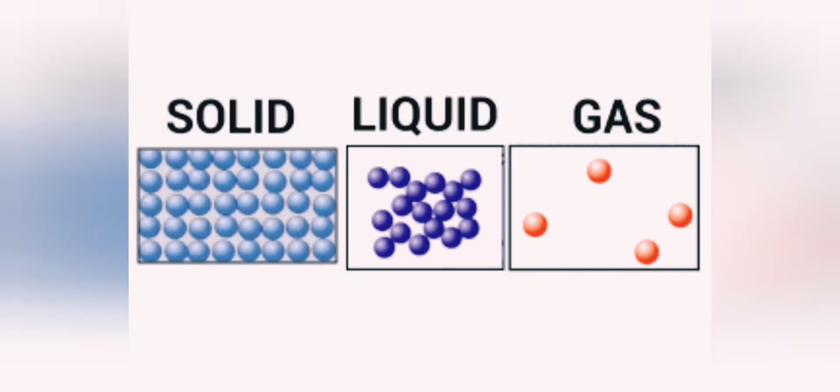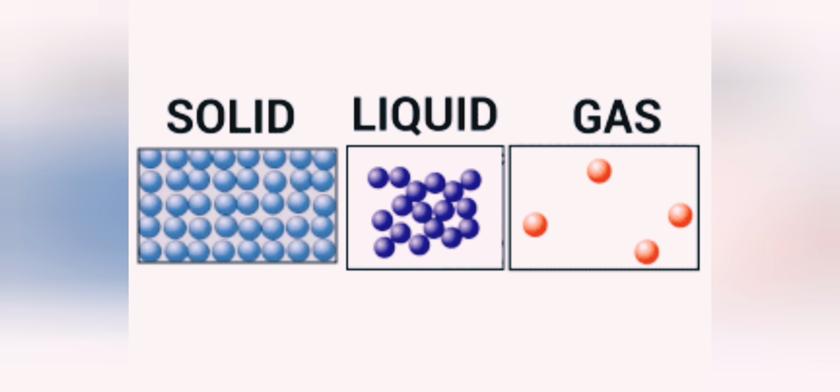I hope you remember those three states of matter which you learned in your previous classes, that is solid, liquid and gas. We all know that these three states of matter are made up of very tiny particles, which are called molecules, and these three states of matter differ by the packing of their particles.